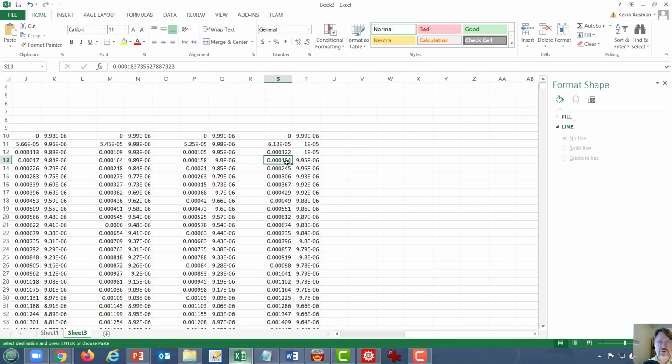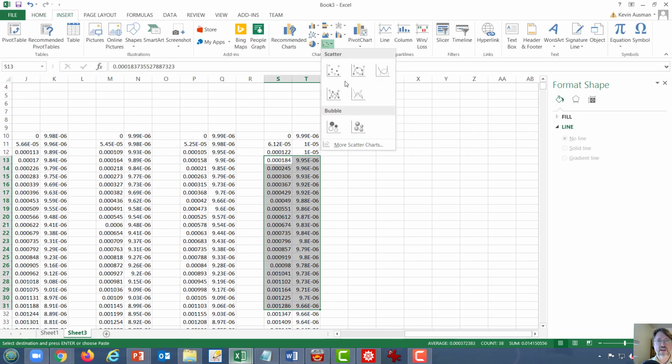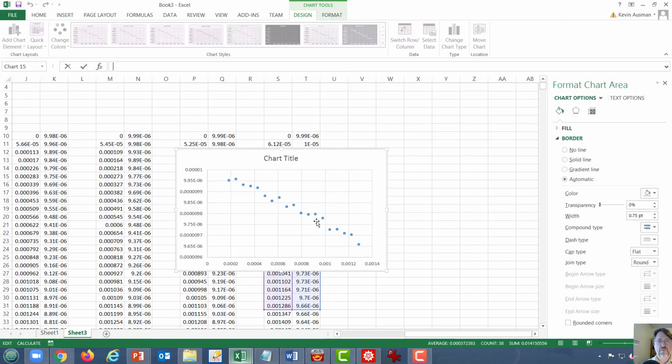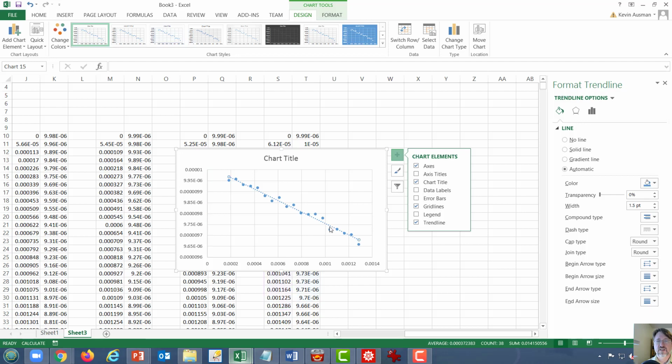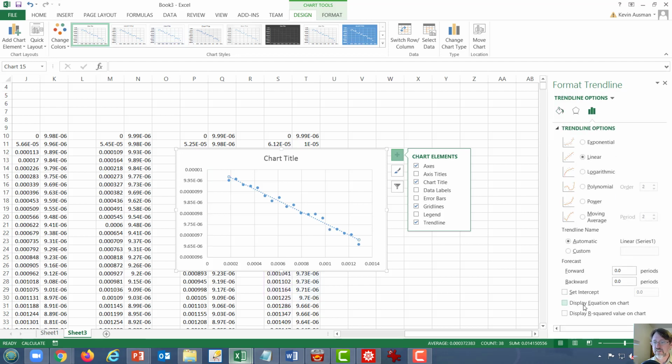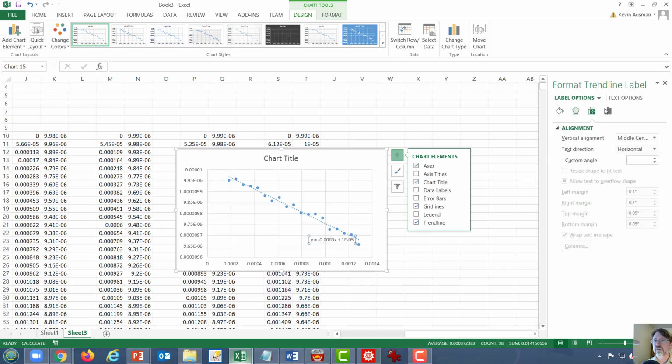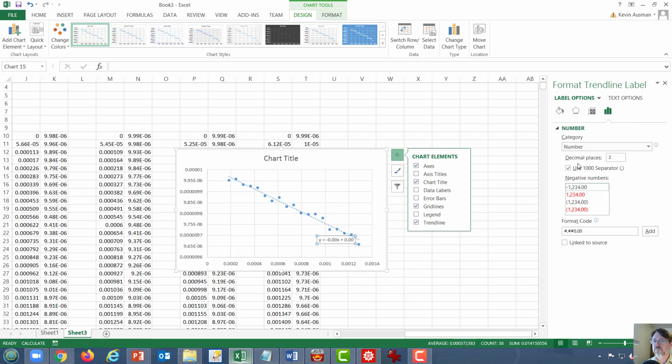So we'll come down to here, scatter chart. We're going to now add a trend line, equation on chart, display it as numbers. There we go.